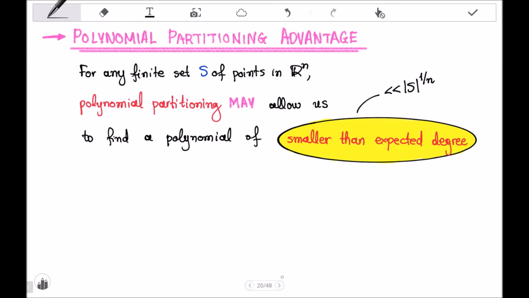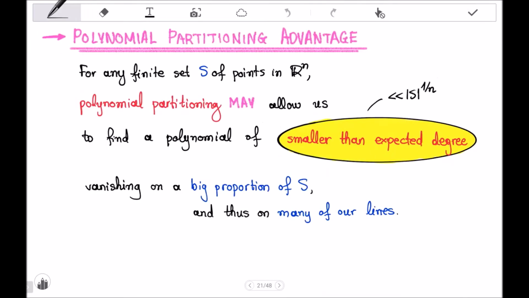So if we're lucky, we will be able to find a polynomial of smaller degree than this one. That does what? Well, it doesn't exactly vanish everywhere, not on all the points potentially, but it will vanish on a big proportion of our points. So say more than 50%, or more than 1%, that's still enough. And because this vanishing property will happen on a big part of our points, and those points will populate our lines, this vanishing property will propagate to many of our lines as well.